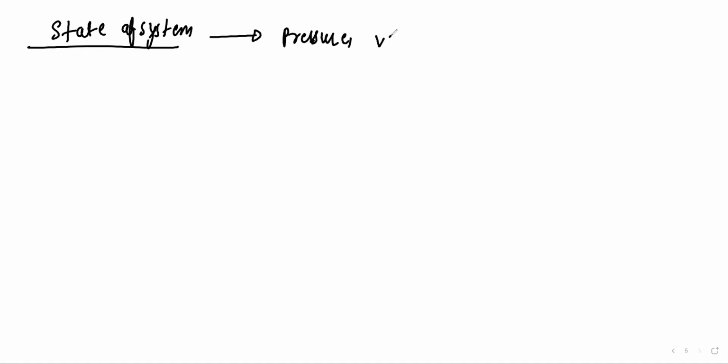Next is state of system. The state must be described in order to make any useful calculation, by specifying quantitatively each of the properties such as pressure, volume, temperature, as well as composition of the system. So in the state of the system, what will be counted? Pressure, volume, temperature, right?